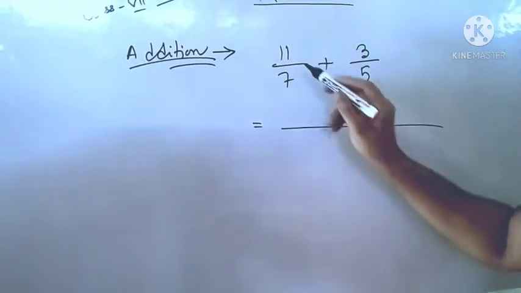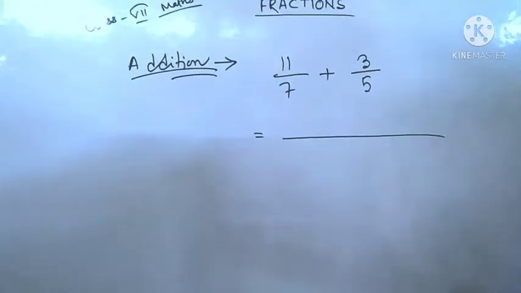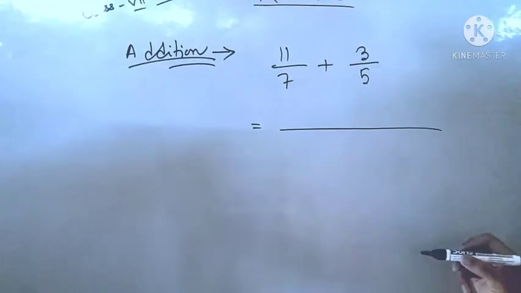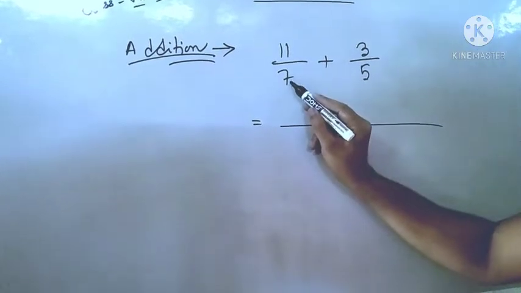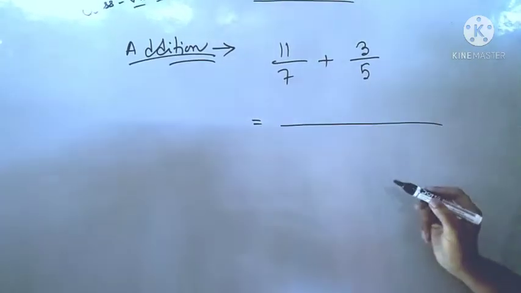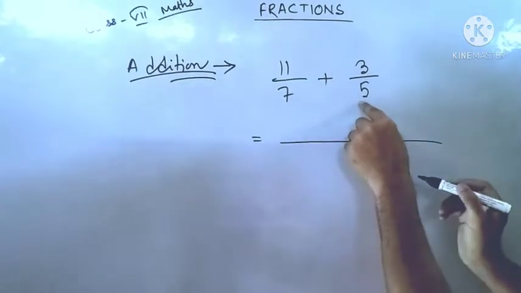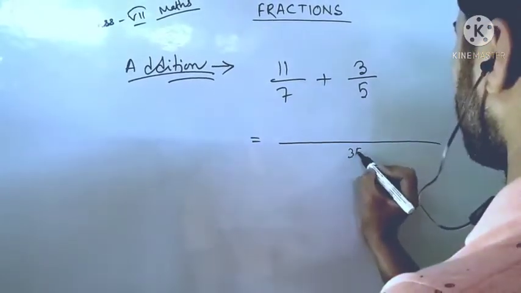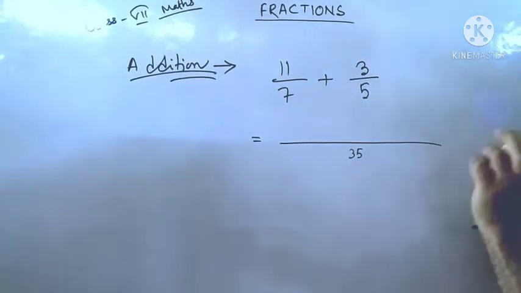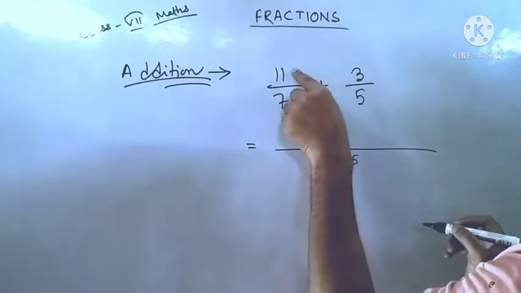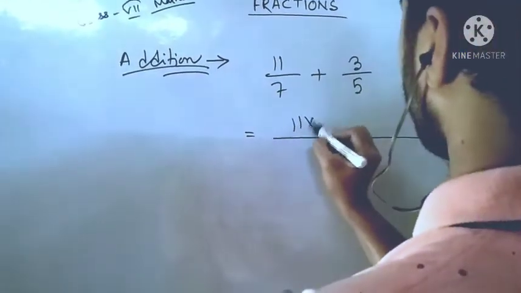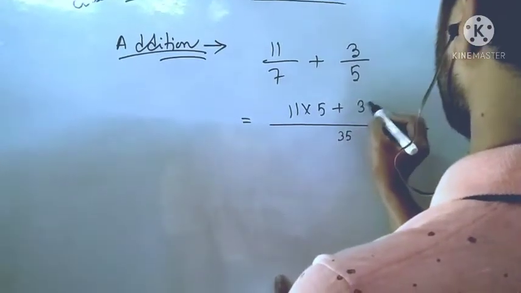Now if the fractions are unlike fractions, then how can we add? First we have to find the LCM of the denominators 5 and 7. The LCM of 5 and 7 is 35. So 35 will be the denominator, okay. So you just have to multiply 11 into 5 plus 3 into 7.